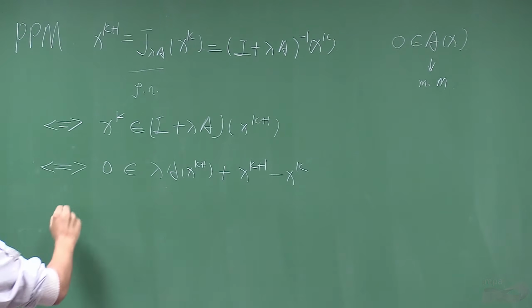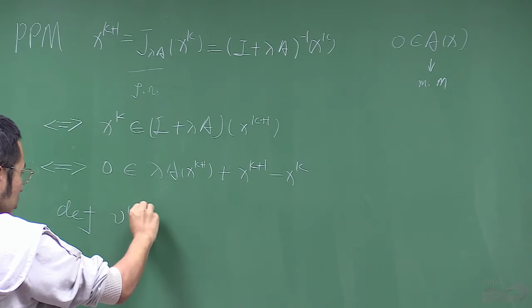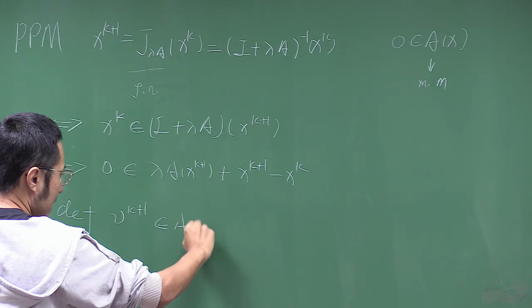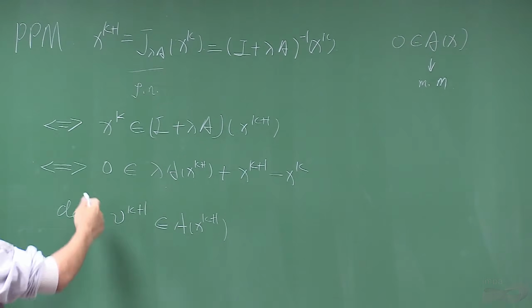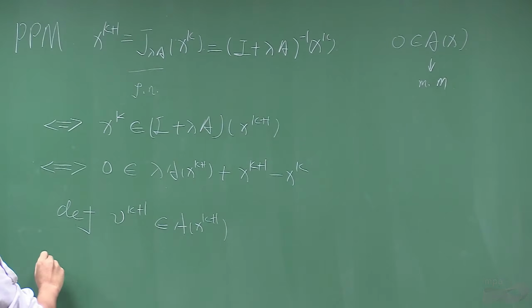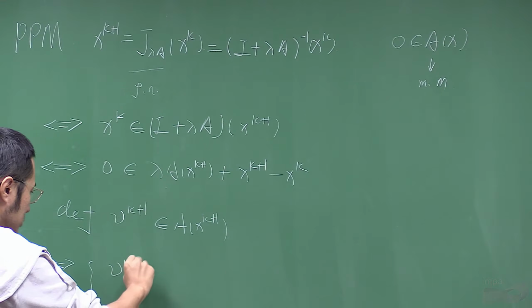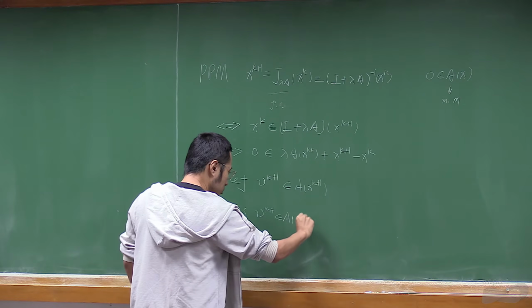If we define a vector vk plus 1 which belongs to A xk plus 1, then we can rewrite this inclusion as a system with two steps. First, we want to find vk plus 1 belonging to A xk plus 1.